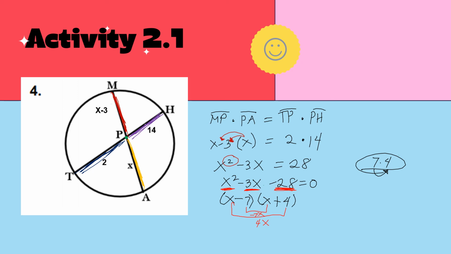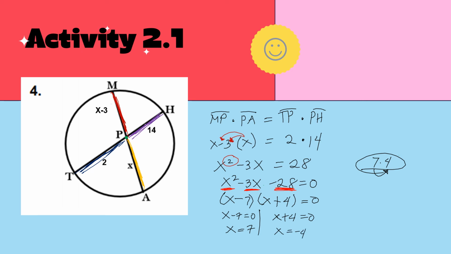Okay, so erase na natin yan. So, tama na yung ating factor equals 0, and then we can now get the values of x. So, the first one is x minus 7 equate to 0, tsaka x plus 4 equate to 0. Transpose negative 7, so x is 7. The other one, x is negative 4. No, so lalabas dito, dalawa yung sagot.